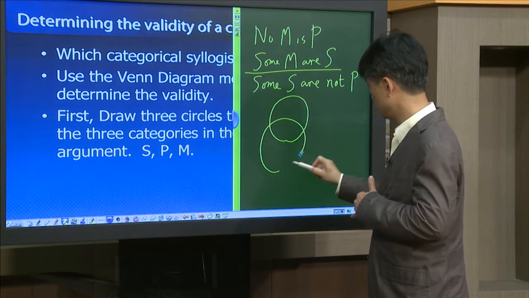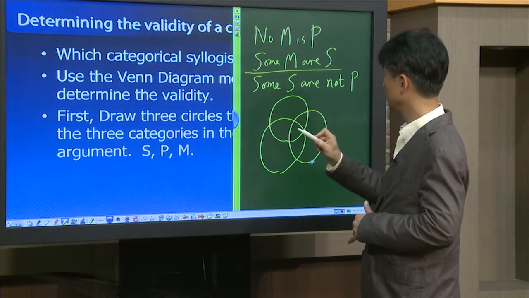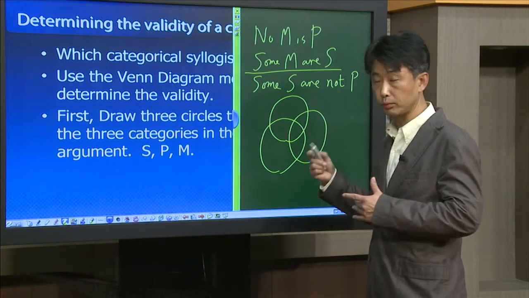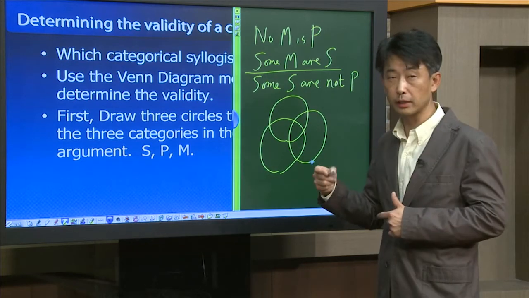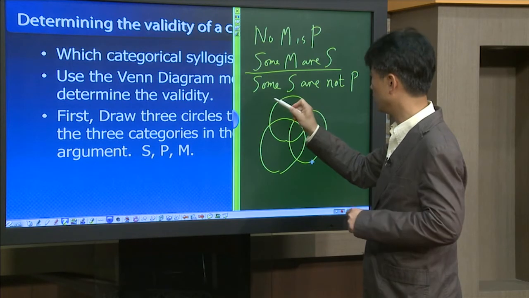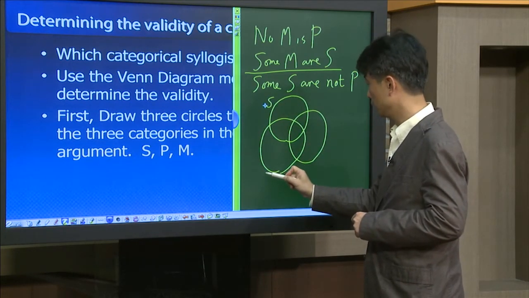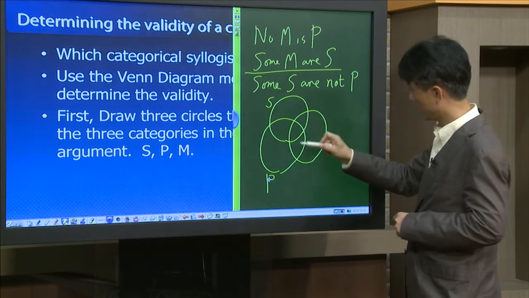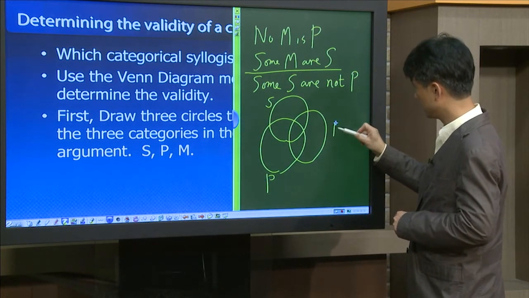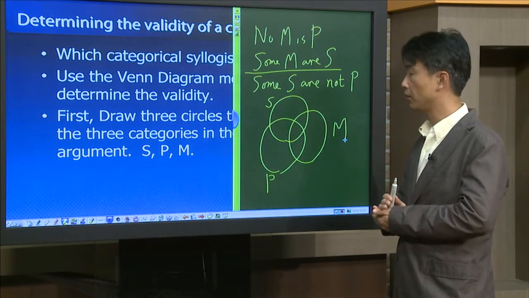One, two, three. And you have to specify which circle represents what category. This one represents, let's say, S, and this circle represents P, and this one represents M. So that is the first step.